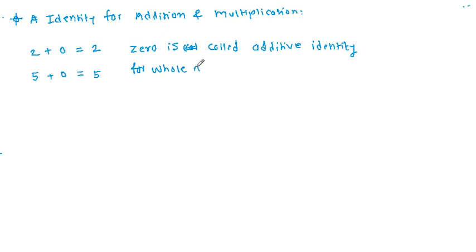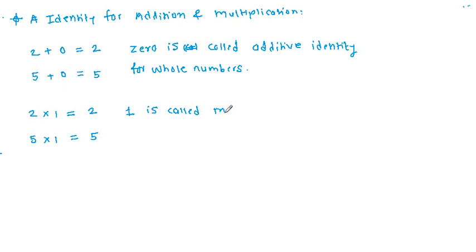Now let's learn multiplicative identity for whole numbers. So 2 into 1. If we multiply 2 by 1, we get 2. Let's take another number 5. 5 multiplied by 1, we get the same number. So for whole numbers, if we multiply by 1, we get the same number. So this property is called multiplicative identity for whole numbers.